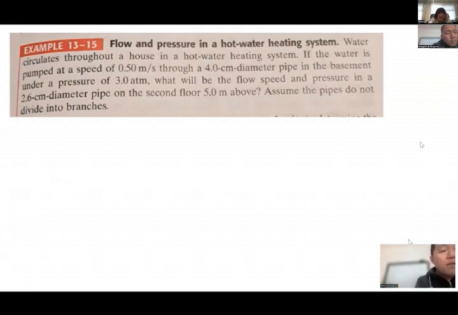So the velocity V2 is, basically, the amount of the fluid passing through the two different spots in a given time should be the same.